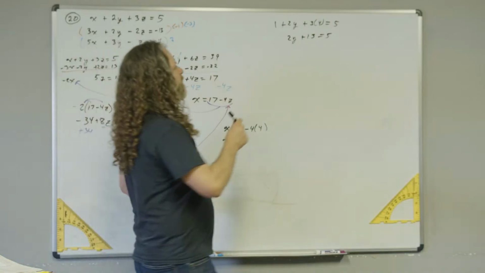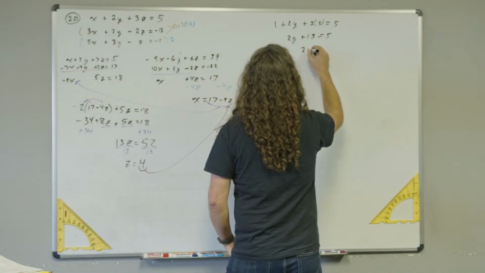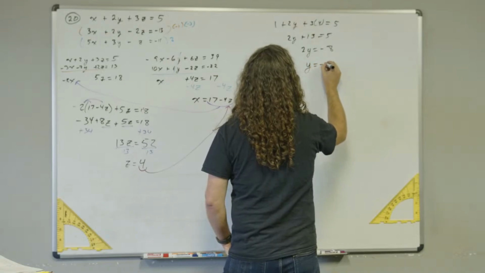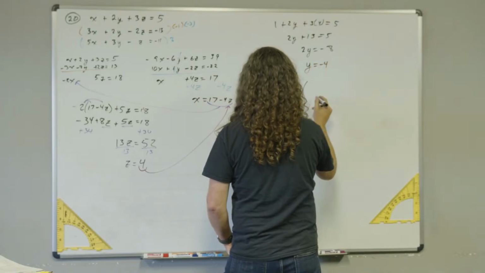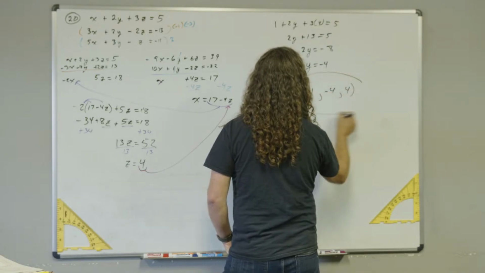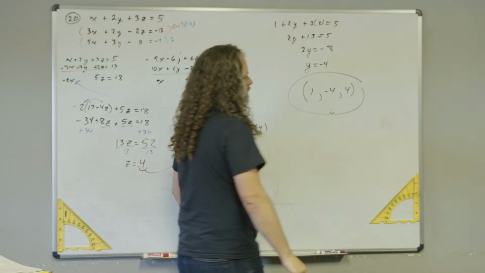Subtract 13 and we end up with 2y equals -8, and then y equals -4. And we end up with the ordered triple 1, -4, 4.